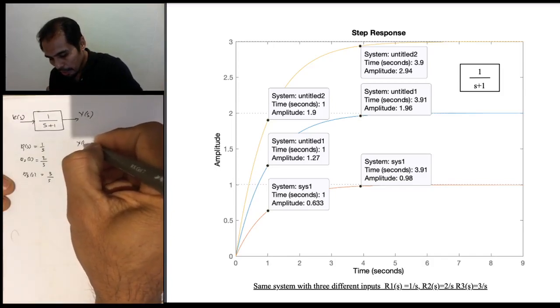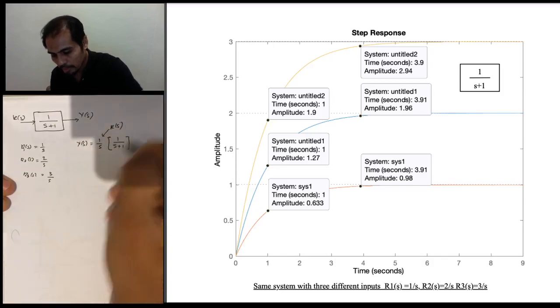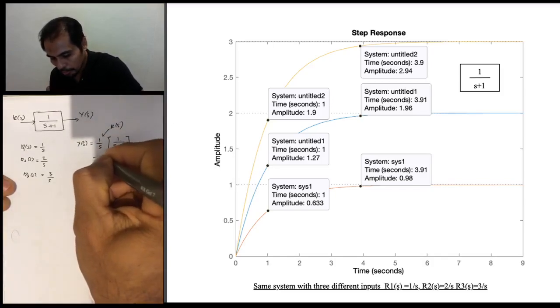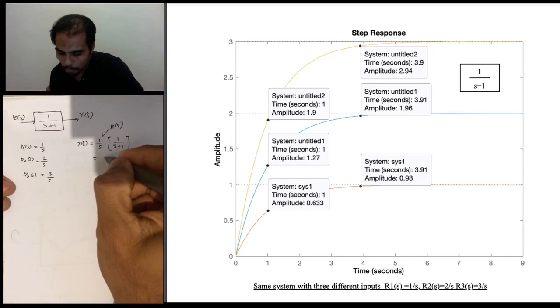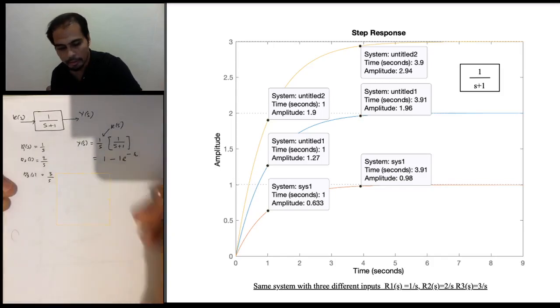So Y of s is 1 over s times 1 over s plus 1, and the response is 1 minus e to the minus t.